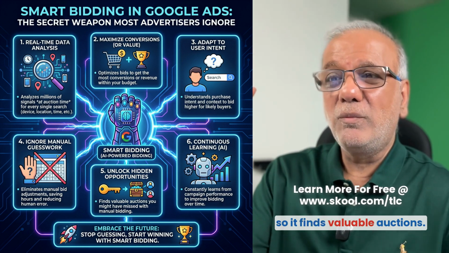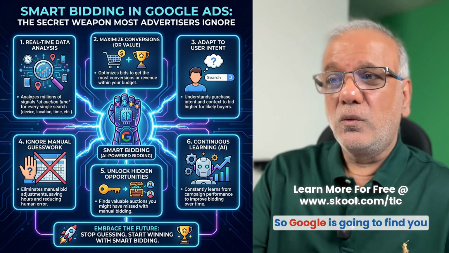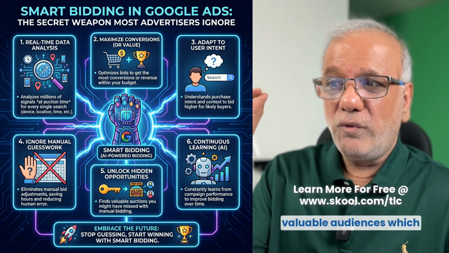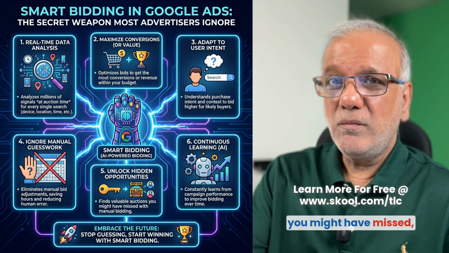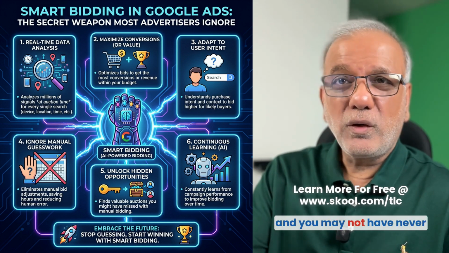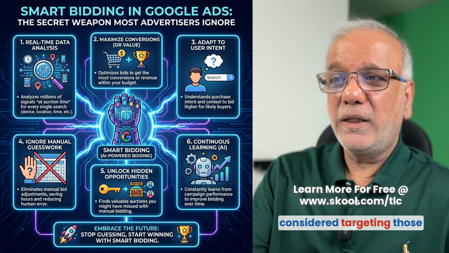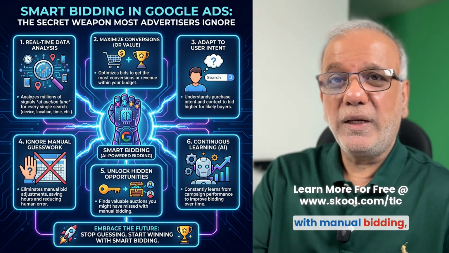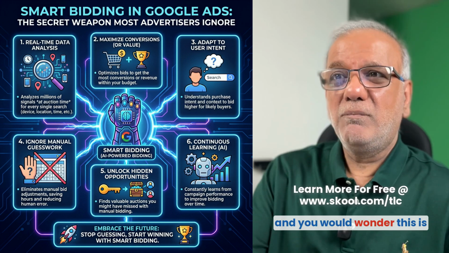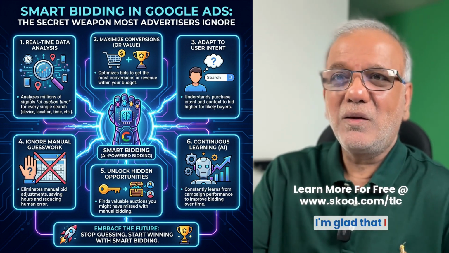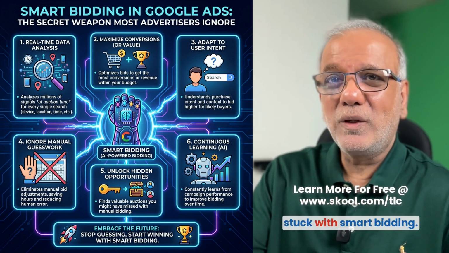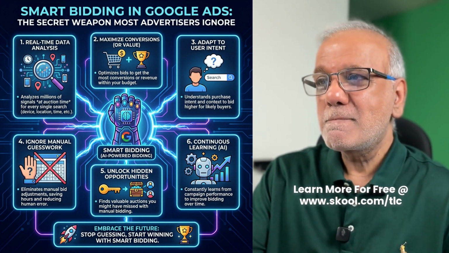So it finds valuable auctions. So Google is going to find you valuable audiences which you might have missed and you may have never considered targeting with manual bidding. And you would wonder, this is something which I completely missed out. I'm glad that I stuck with smart bidding.